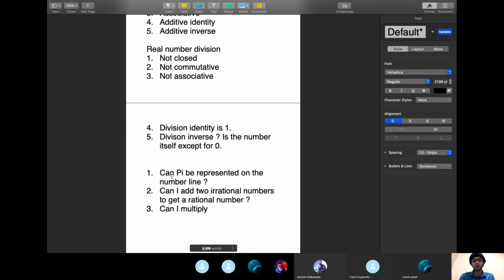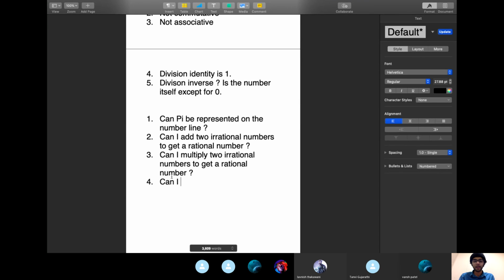Can I multiply 2 irrational numbers to get a rational number? Can I divide a rational number by a rational number and get something which is not a rational number?